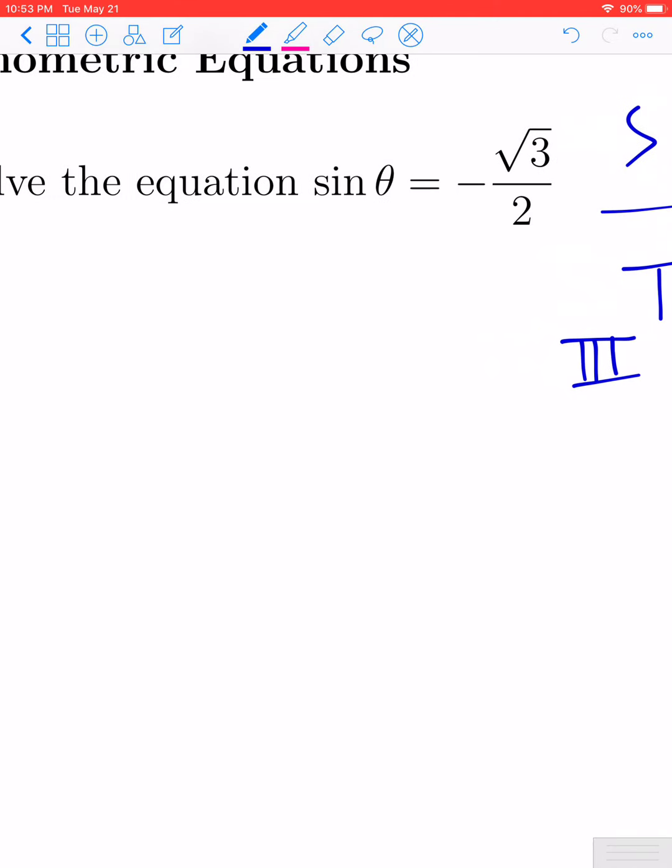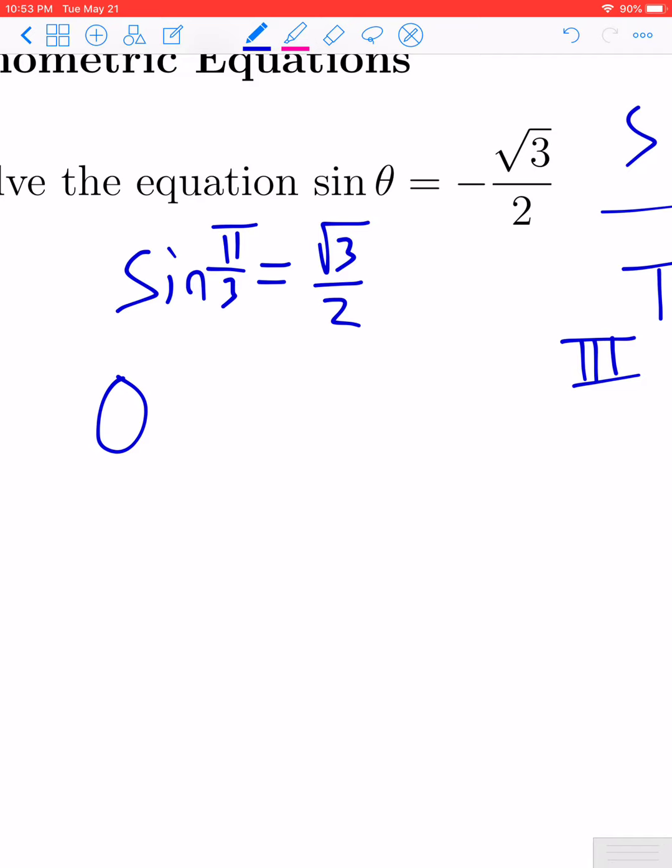Thinking about the actual value, if I'm thinking about not the negative square root of 3 over 2, but the value square root of 3 over 2, we know that the sine of, let's say, pi over 3 would be equal to the square root of 3 over 2. So the acute reference angle that we're dealing with here, in order to get a sine whose value in magnitude is radical 3 over 2, would have to be pi over 3.